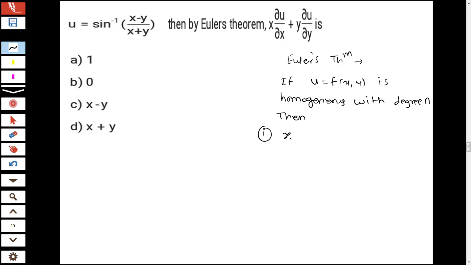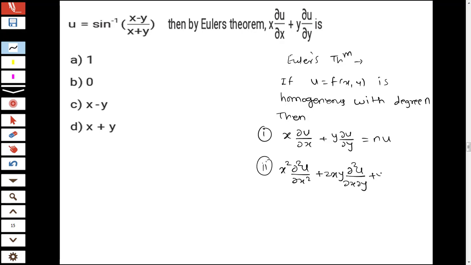First one is x ∂u/∂x plus y ∂u/∂y is equal to n into u. And the second result we have x square ∂²u/∂x² plus 2xy ∂²u/∂x∂y plus y square ∂²u/∂y². This is equal to n into (n minus 1) into u.